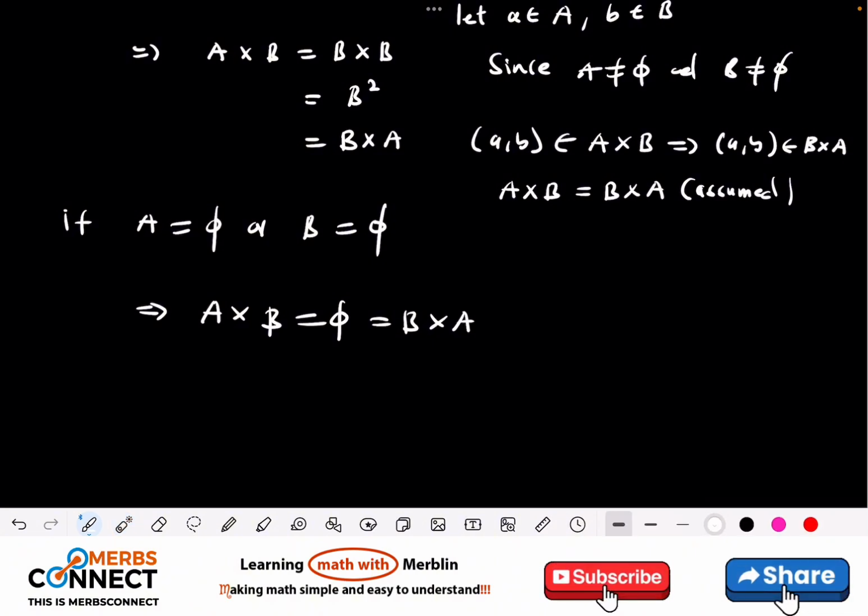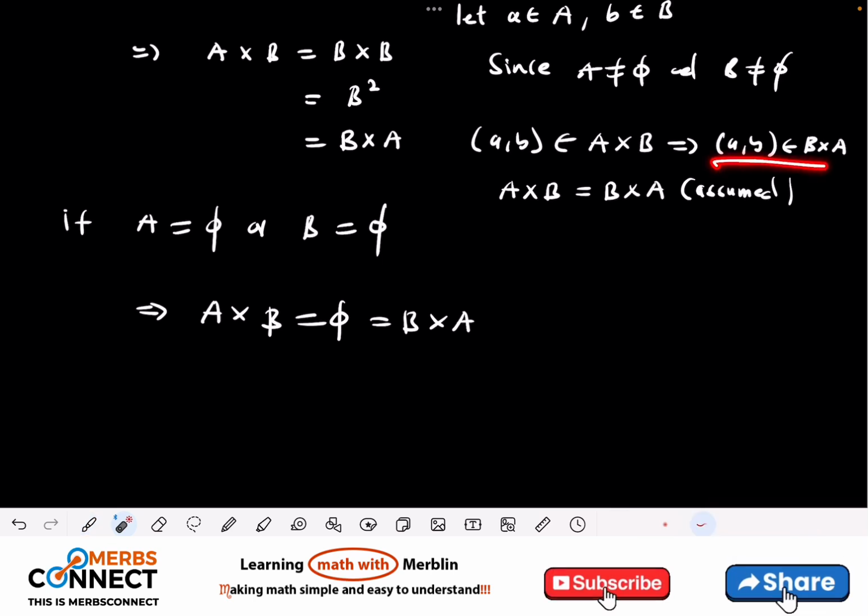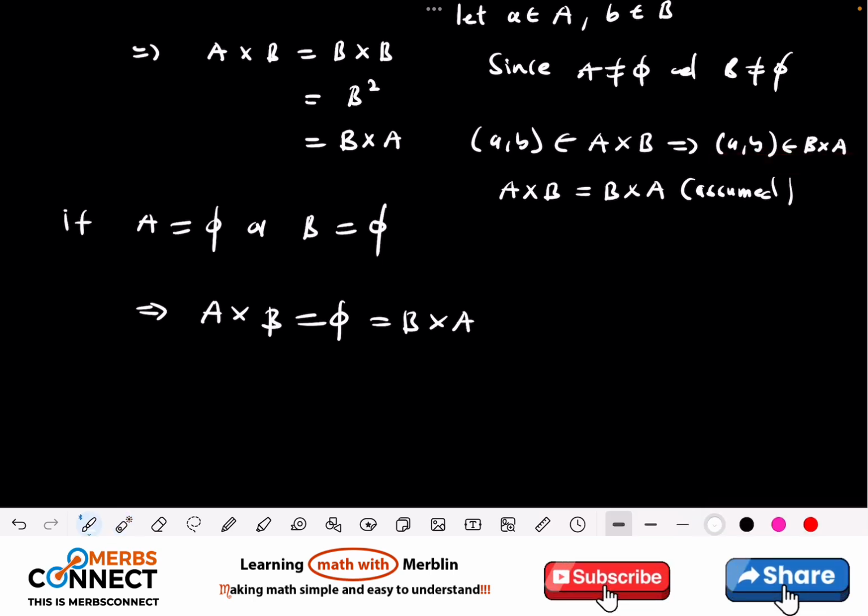And then what is going to happen? Now we can see that from here, a belongs to B. So from here, a belongs to B and b belongs to what? A, right?